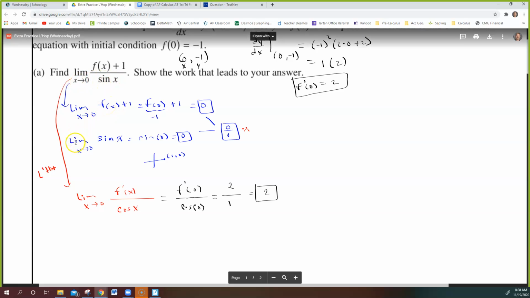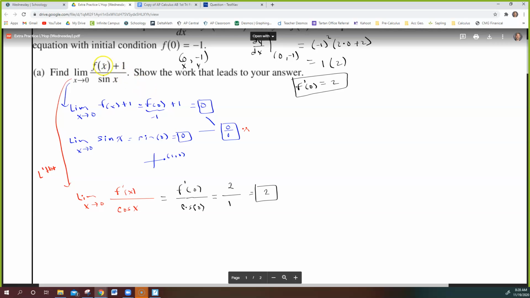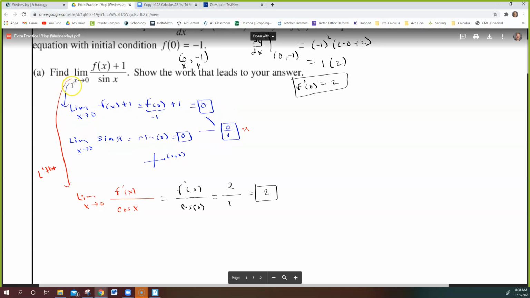Same thing with the denominator. You have to show the limit of the denominator as x goes to 0, and then evaluate that. And then we're comparing it as 0 over 0. Now notice, I didn't say that the original limit was equal to 0 over 0. If you do, that's incorrect, because we're just checking that the indeterminate form exists, and then this blue work is the reason that I get to do L'Hopital's rule.